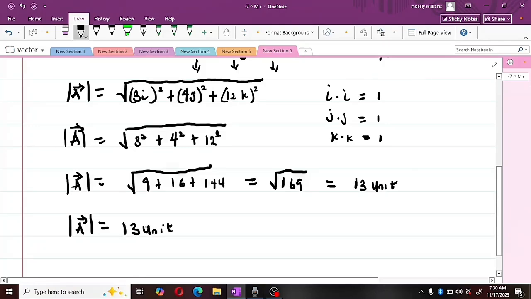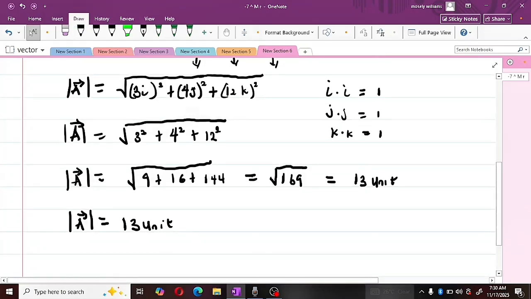Now, having this, we want to look for our direction cosine, right?